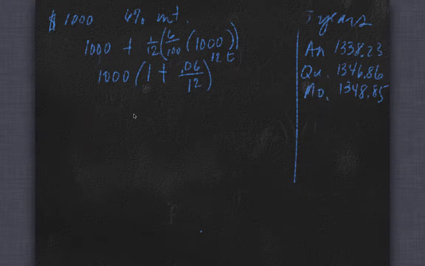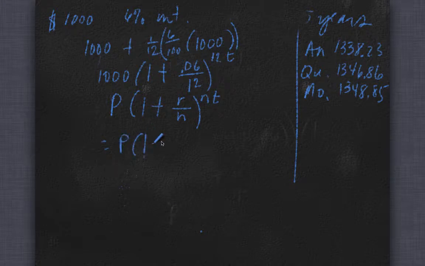Okay, so the exponential that comes up in the continuously compounding is because of this. Well, so from here we can see that I've taken the principal, 1 plus the rate over the number of compounding periods to the n times t. This is equal to p times 1 plus r over n to the n to the t.